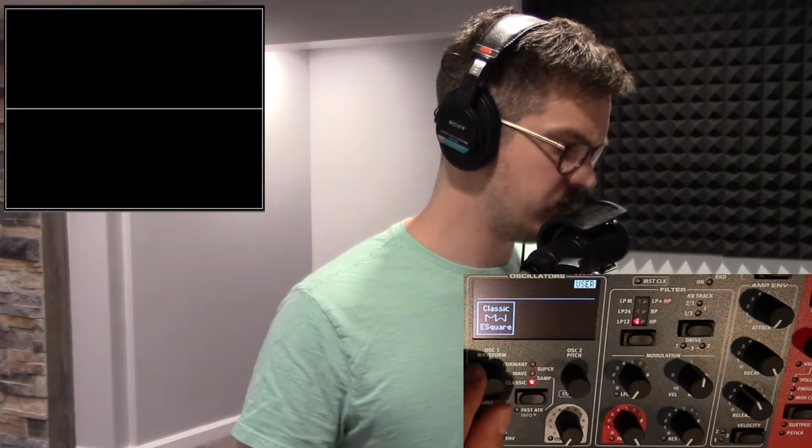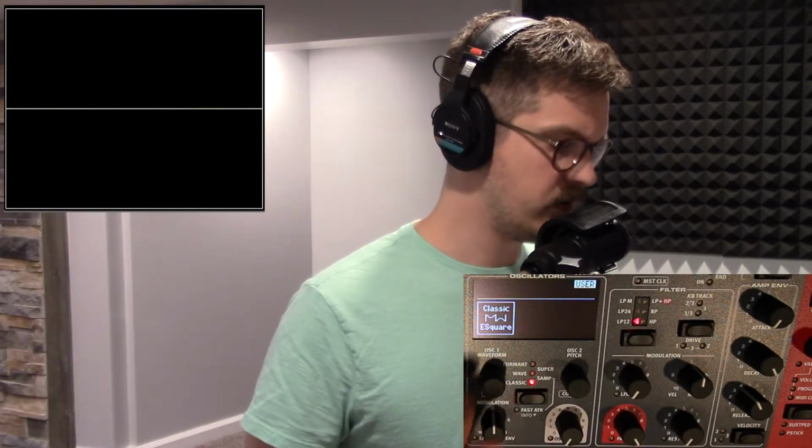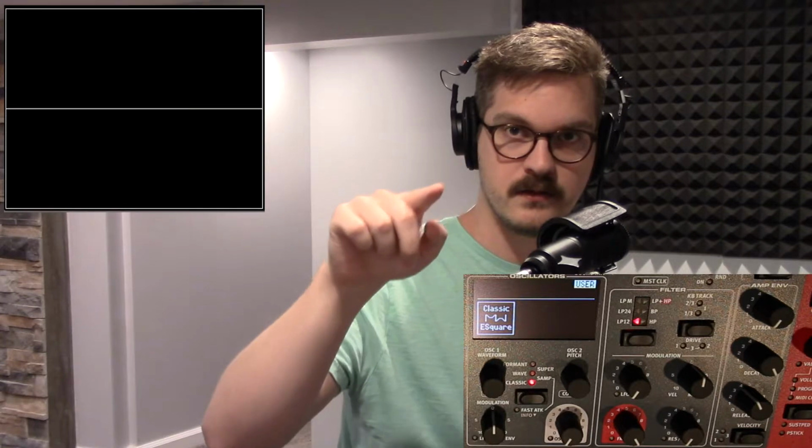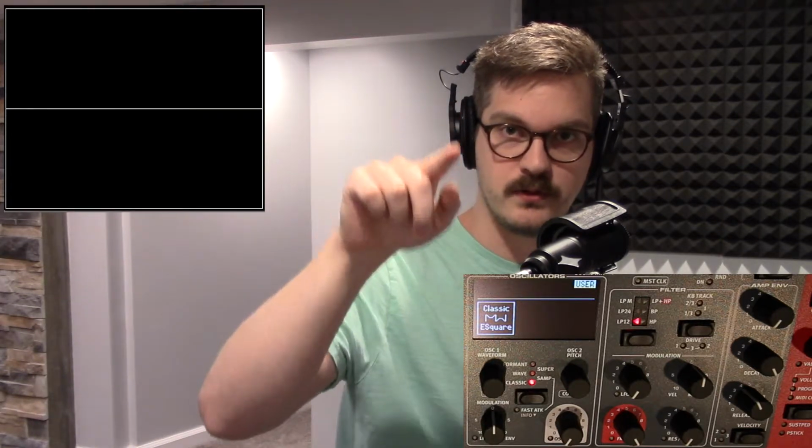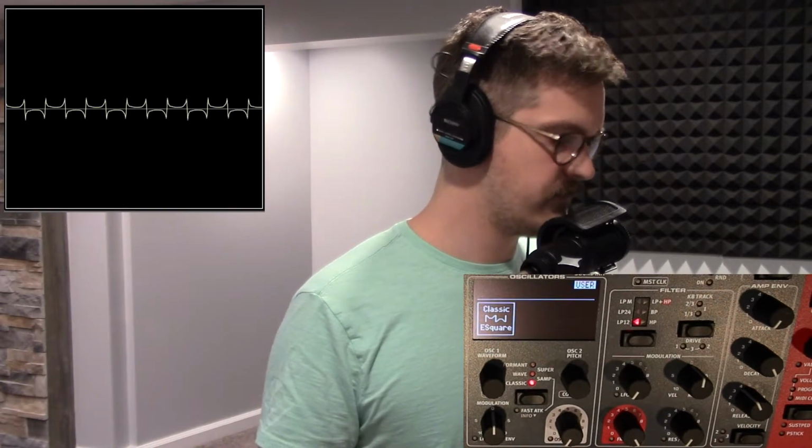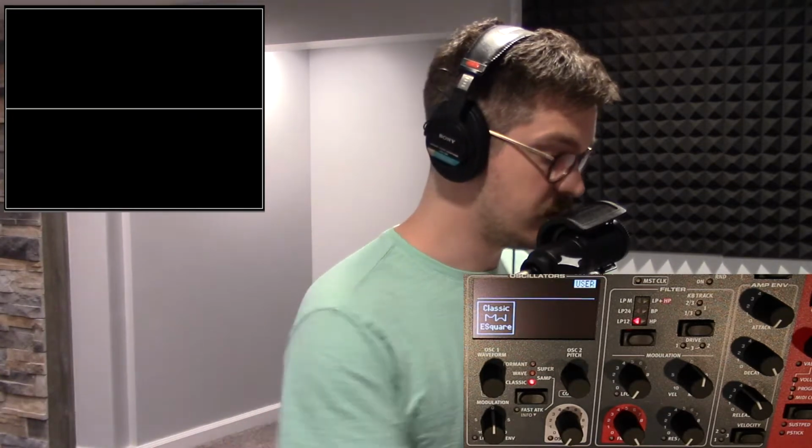It almost seems like the E-saw, instead of going like this, it seems like it's almost like splitting it in half. Yeah, I don't know. It sounds real interesting.